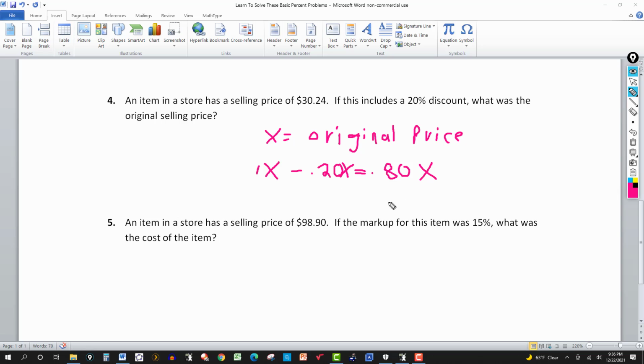So basically this is another way of asking 80% of the number x. So I just write it 0.80x is or equals what you paid. This is 30.24. So now, solve for x and divide both sides by 0.80.